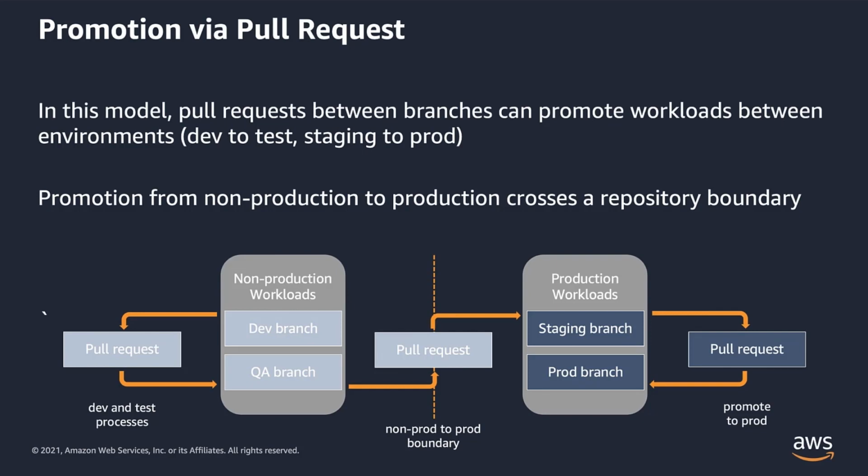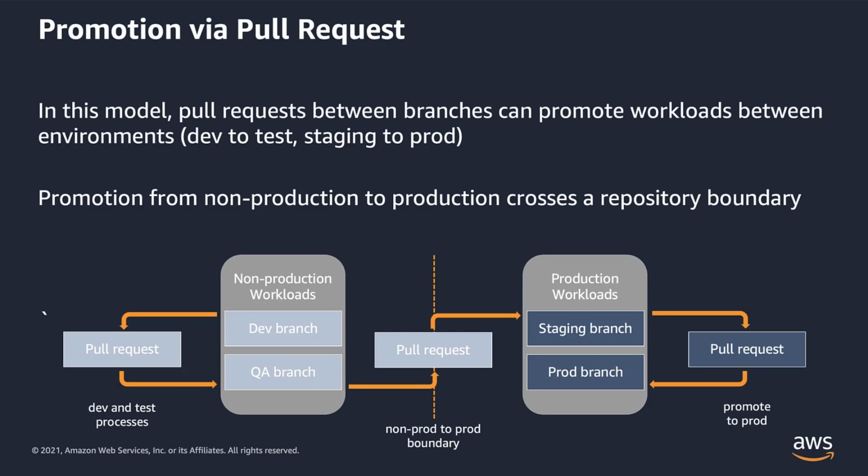And with this model, pull requests between branches promote workloads between environments on either side of the prod boundary, right? So you can have a dev and test process happening where you're iterating on a dev build and it's going through test, and you finally get it to the point where it's working, has all the features you want, it's passing all the tests.